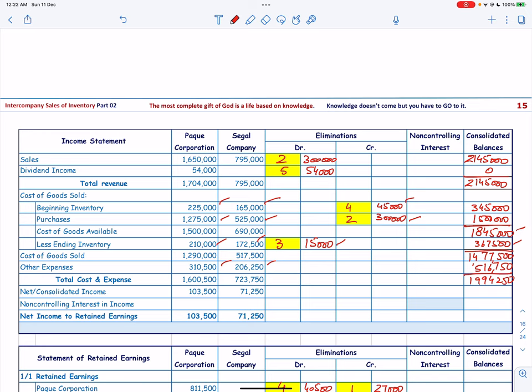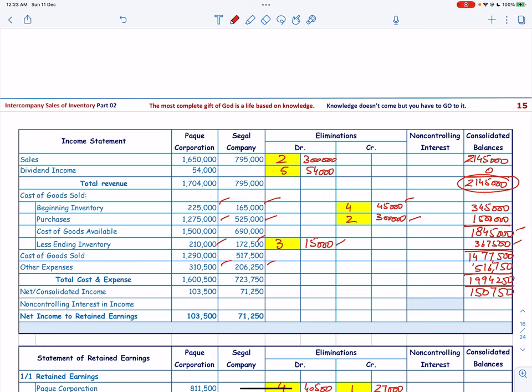So this is the net income, that is total revenue minus total cost and expenses of 1,994,250. So the net consolidated income is 150,750.